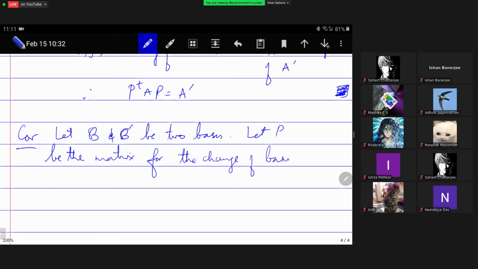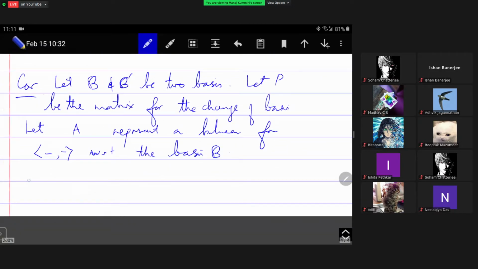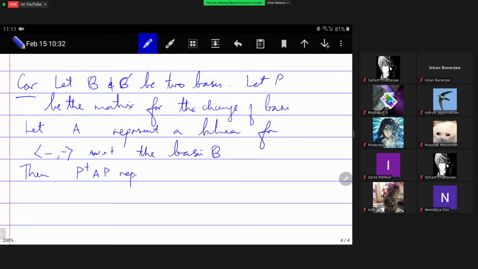So this is an invertible matrix P. Let A represent a bilinear form with respect to the basis B. Then P transpose AP represents the same form with respect to B prime.